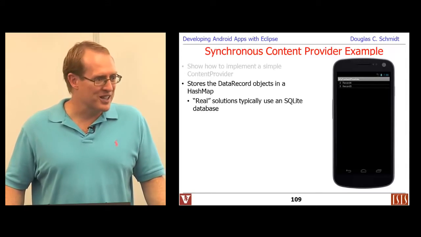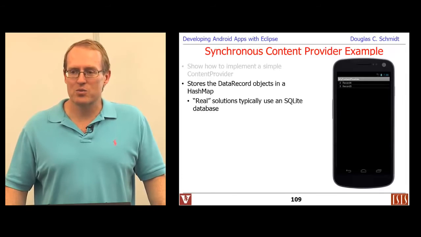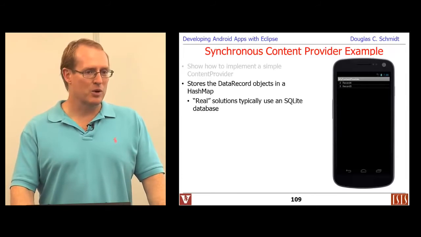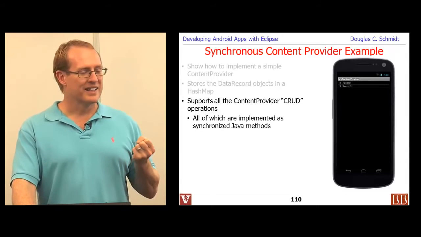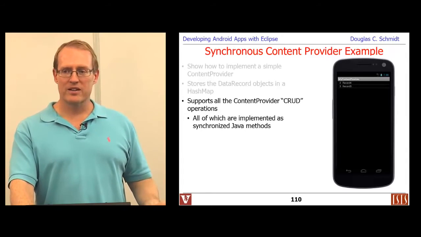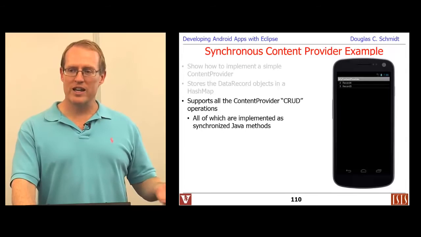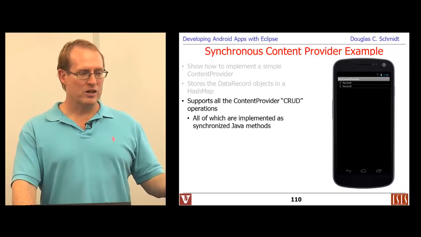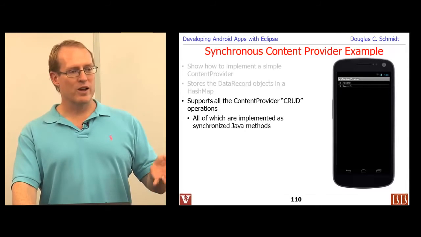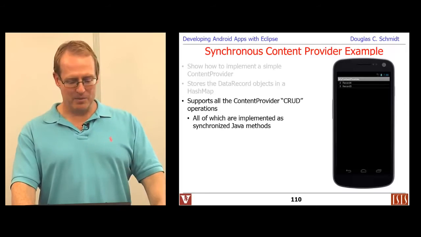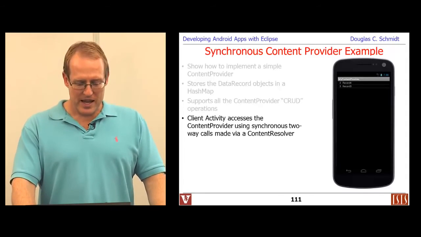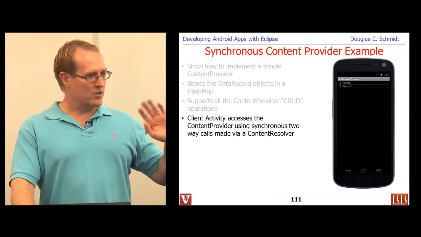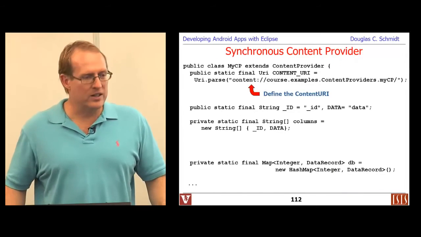In real life, once again, you of course would be storing these with SQLite, but I didn't want to get subverted by that discussion. We're going to implement all the CRUD operations, the insert, query, delete, and update, all of which are implemented as Java methods. And we're going to do two-way calls to start off with. So let's go ahead and look at how we might do this.